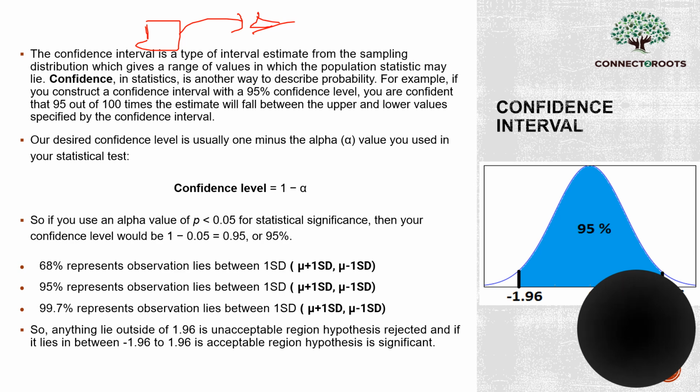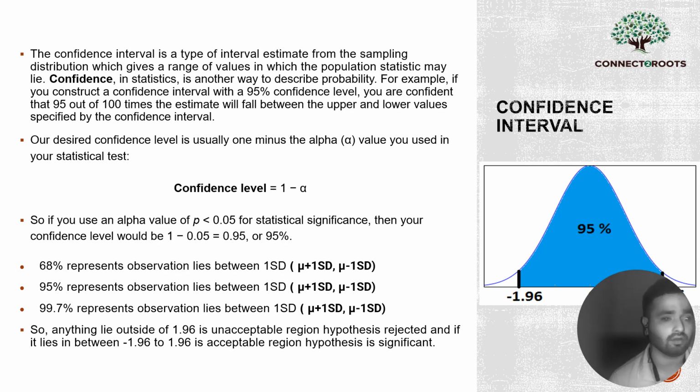You can say the confidence interval works in some way like this. If your confidence interval is 95%, then you are confident that 95 out of 100 times the estimate will fall between the upper and the lower value specified by your confidence interval. If you say your confidence is 99%, then 99 times your population statistic will lie within that range.